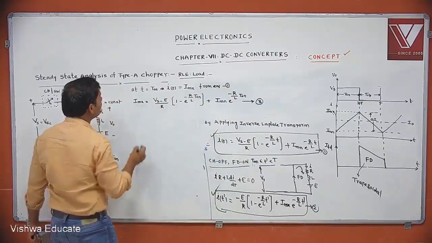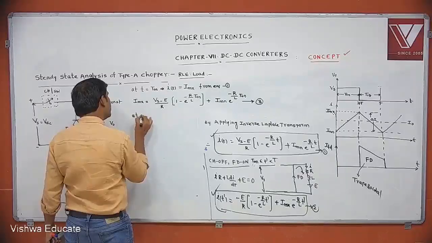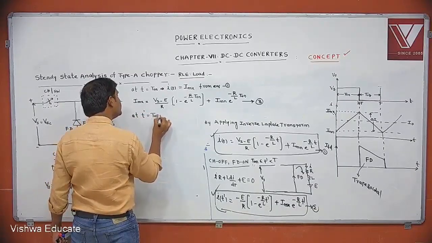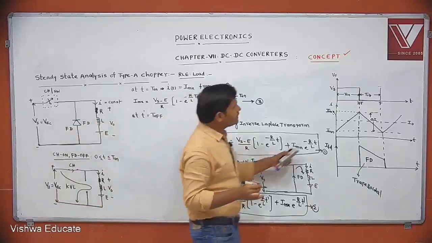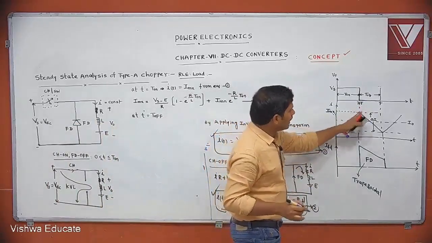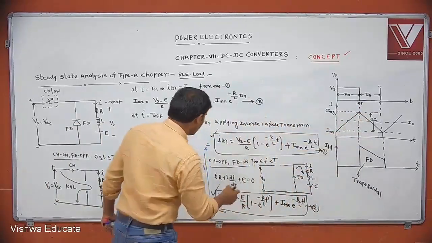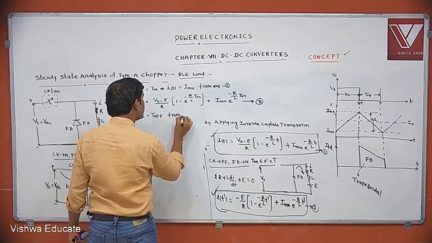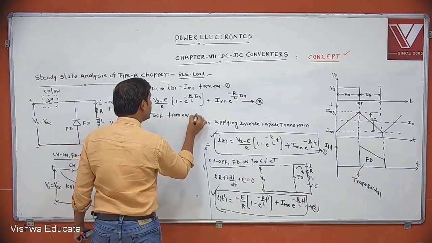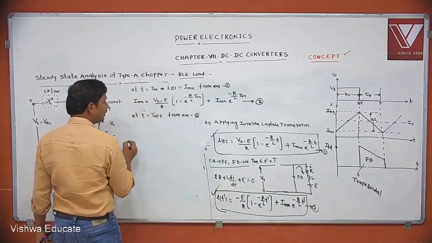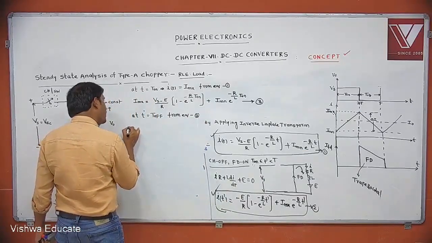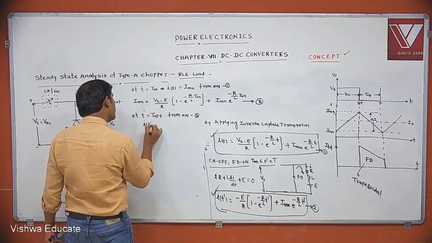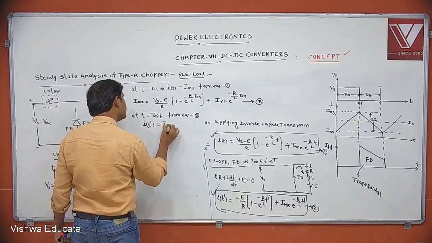Similarly, at t equal to t dash, equal to t off, the current reaches the minimum value. Then from equation 2, I minimum at t equal to t dash, i(t dash) equal to I minima.